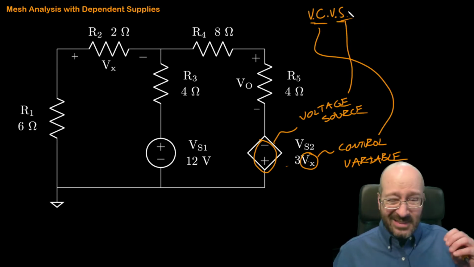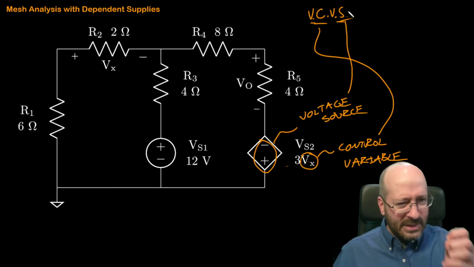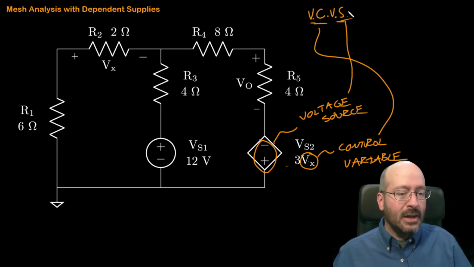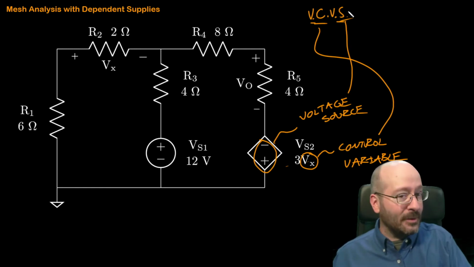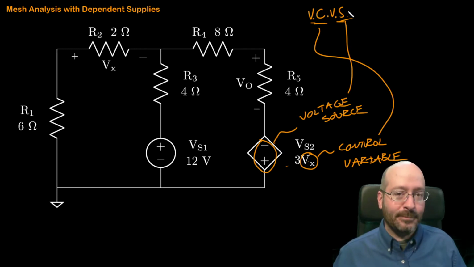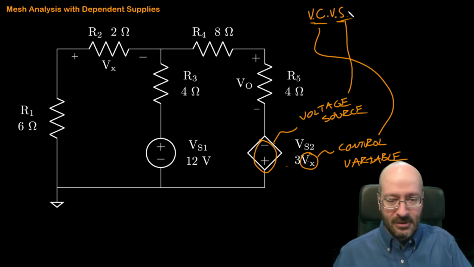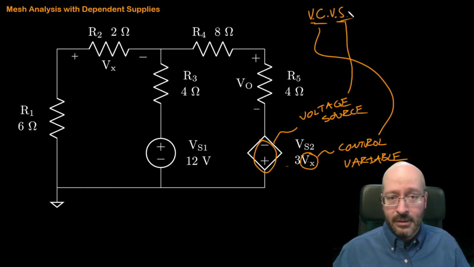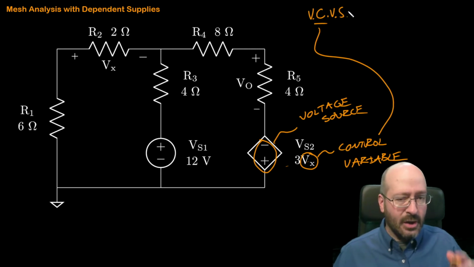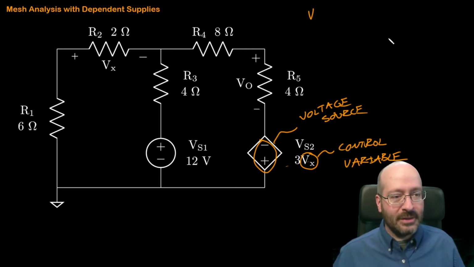Okay, let's go work the problem. That's really what we're after, but I want you to be really clear on what type of supply it is, because if it was a current source, I'd have to write a KCL. Okay, and everything that I said, we count the number of current supplies, and that tells us how many KCLs we're going to write. I never said whether it was an independent or a dependent current supply, because it's both. We don't have that here. We will have that in another problem, I promise you that.